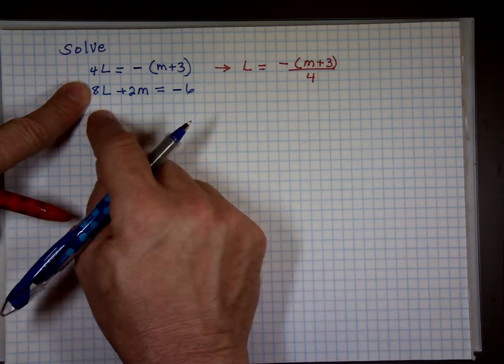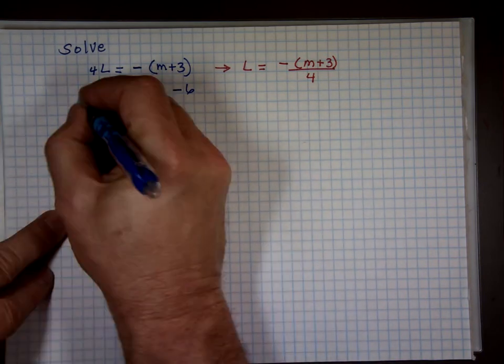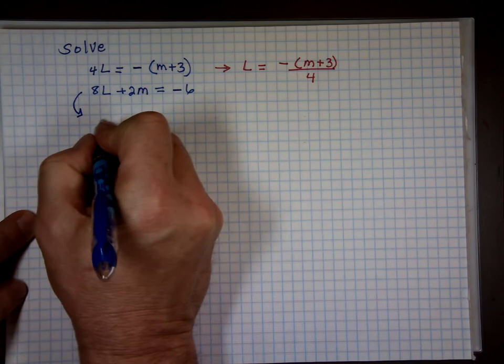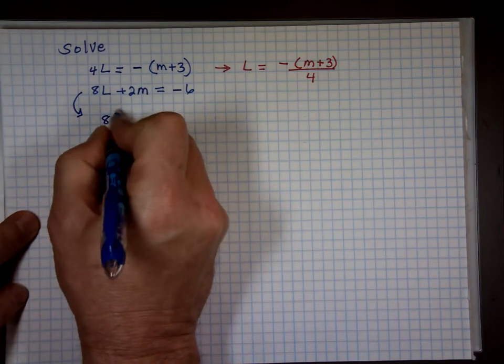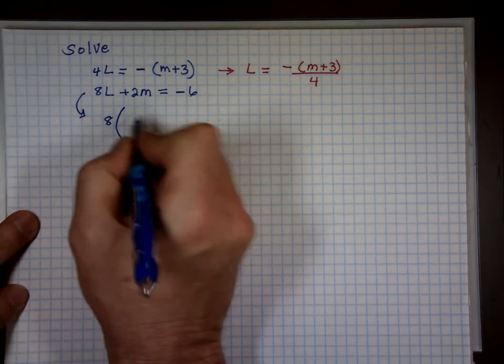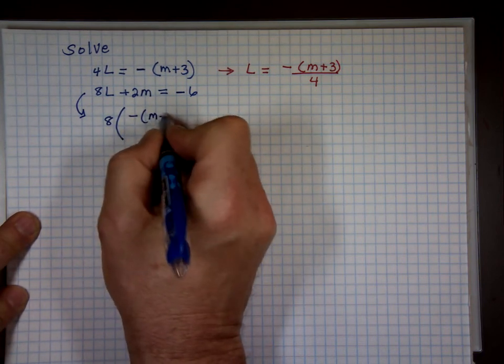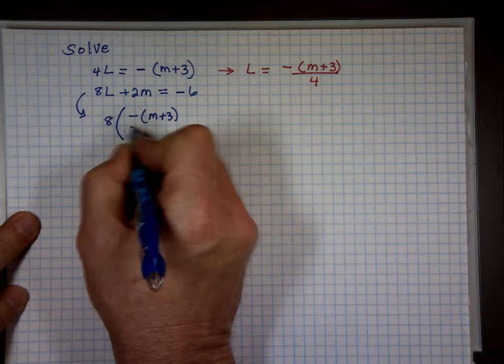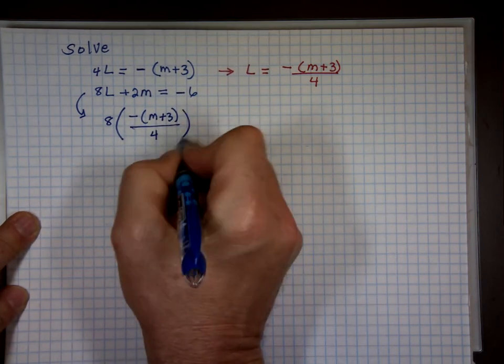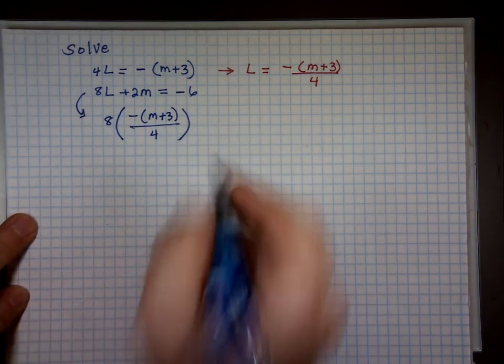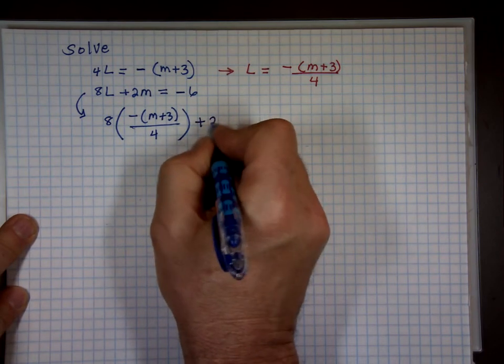So now I'm going to take this equation. I'm going to go 8 times, in place of L, I'm going to put what L is equal to, which is what? Negative m plus 3 over 4, plus the 2m equals negative 6.